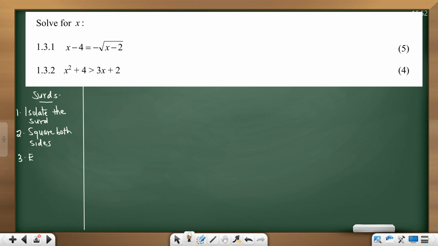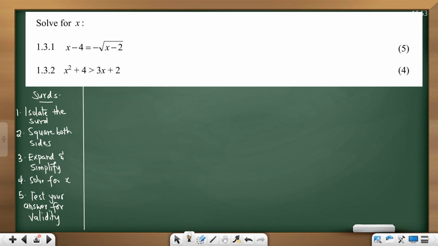Number 3, expand and simplify. Number 4, solve for x. And number 5, you must test your answer for validity.